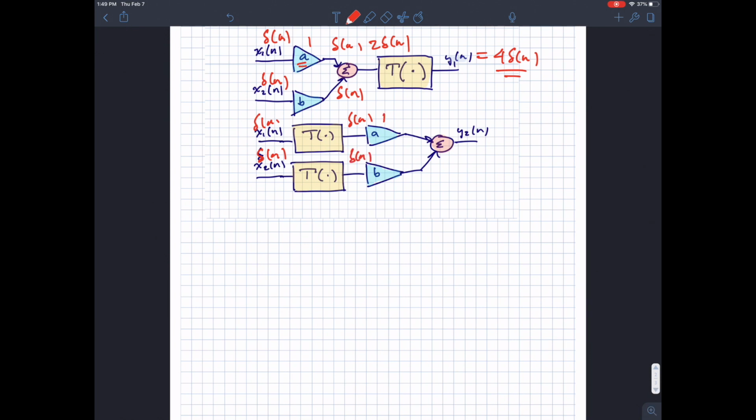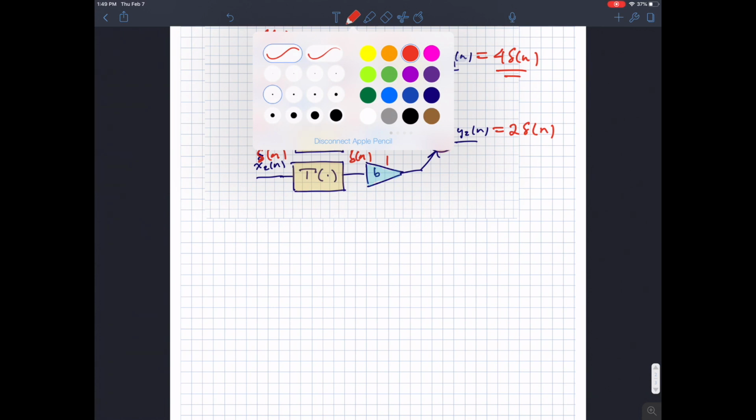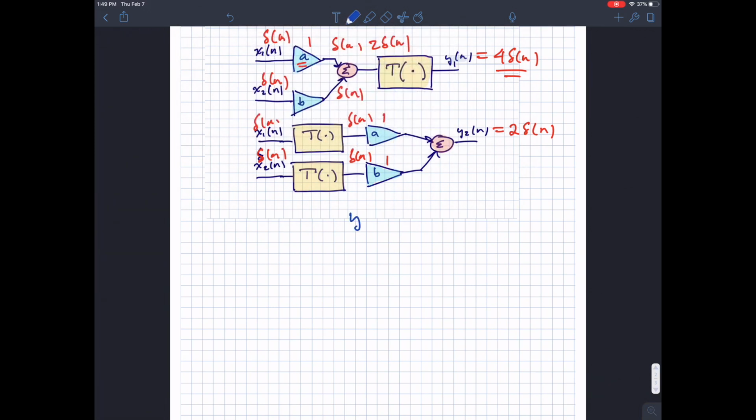Then we scale this by 1, so we'd have delta of n plus delta of n, and that would be 2 delta of n. So by just randomly choosing a couple of inputs, we can see that y1 of n is not equal to y2 of n, and therefore, this is clearly proven to be not linear.